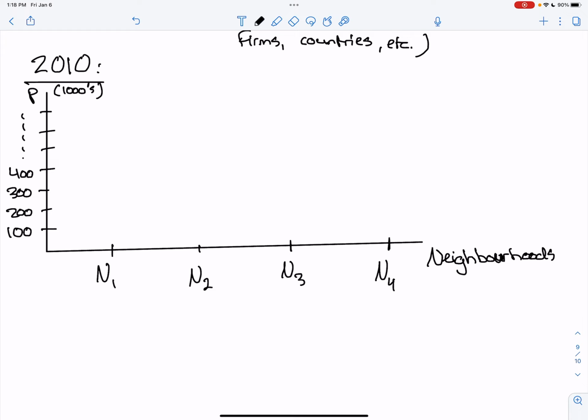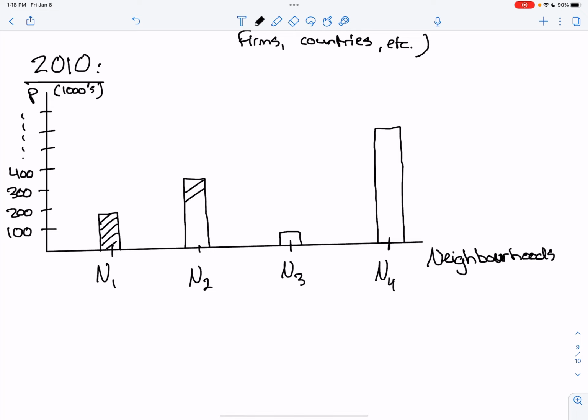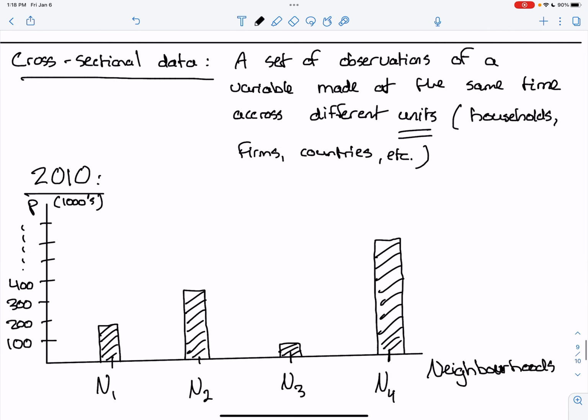And then you can represent your data using bars. I'm sure you've seen data represented like this before, right? So the idea behind a graph like this, the reason that it's cross-sectional, is that you have a set of observations of one variable.